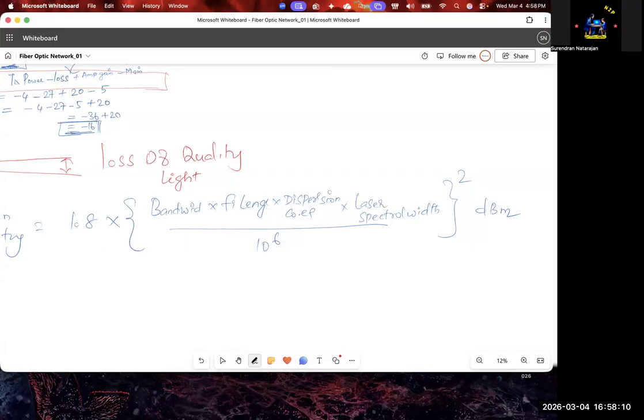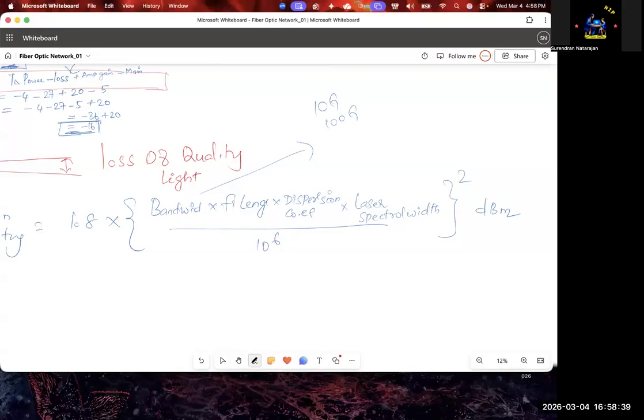Okay. So this value, bandwidth, is nothing but how much speed you are carrying in that fiber. It may be 10, 100 gigabit per second.